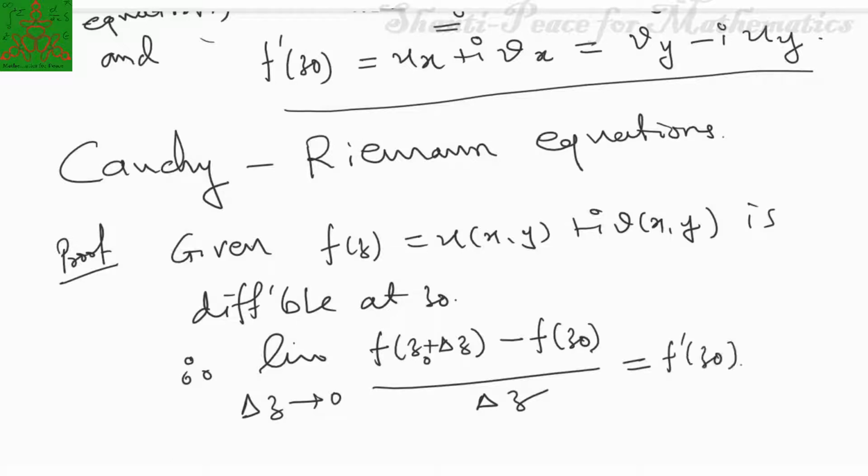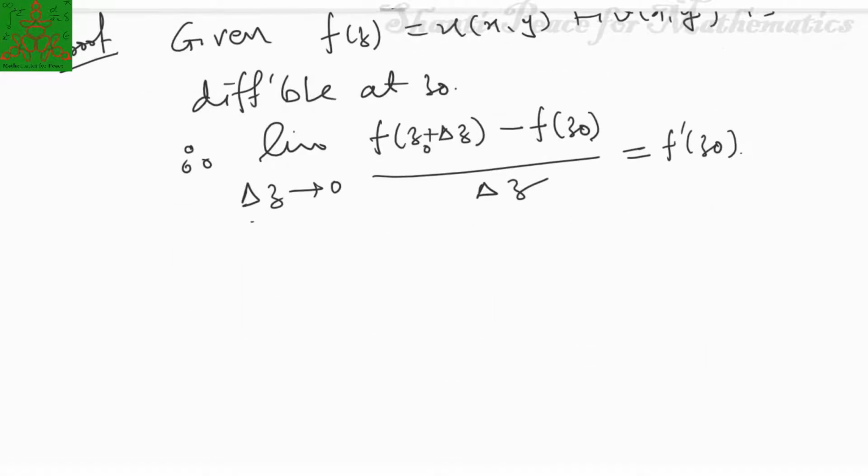Now since this exists, the limit has to be a finite number. So if you take any path along which delta z tends to 0, you will always have the same answer. That means the limit must be unique, because this is differentiable. So here I am taking two paths. The first one is parallel to the x axis and the second one is parallel to the y axis.